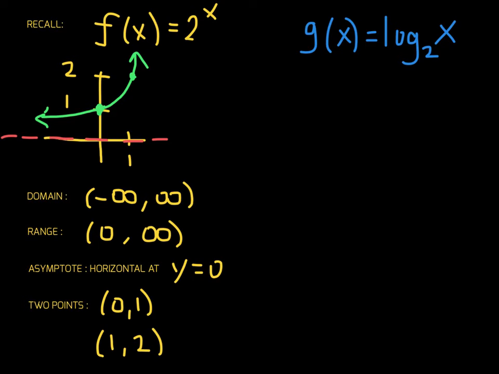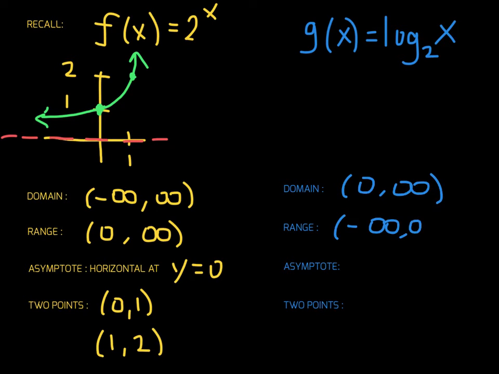The domain of f becomes the range for g. The range for f becomes the domain for g. So therefore, the domain for g will be all positive numbers. The range for g will become all real numbers.